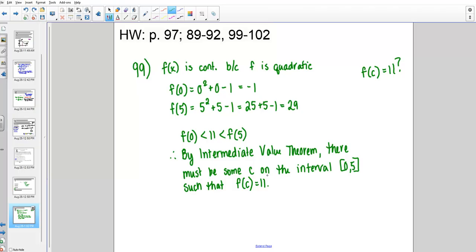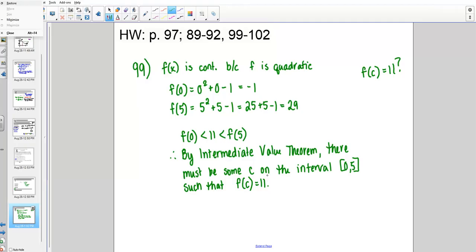This also asks you to find the c value that makes it true. Let me see what the answers look like on that. It says find the value of C guaranteed by the intermediate value theorem, but then on the answers it doesn't actually do that.